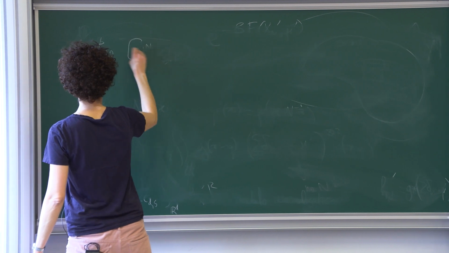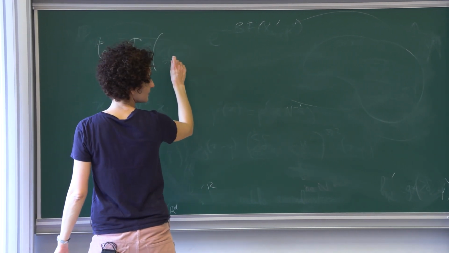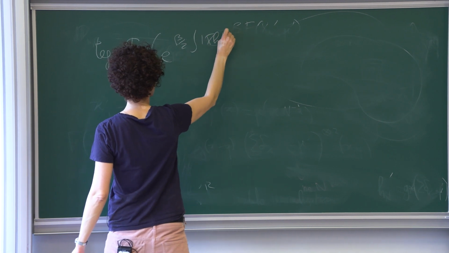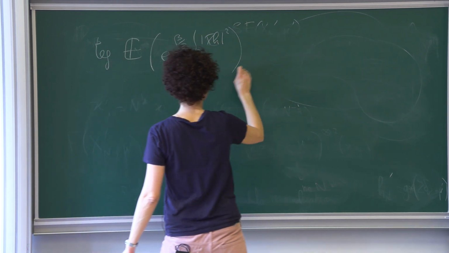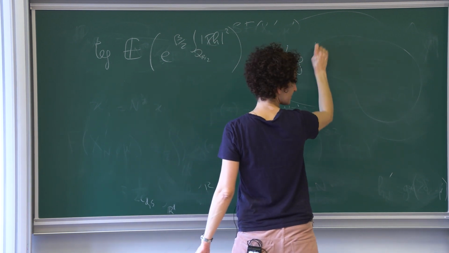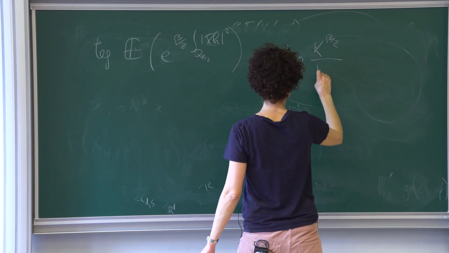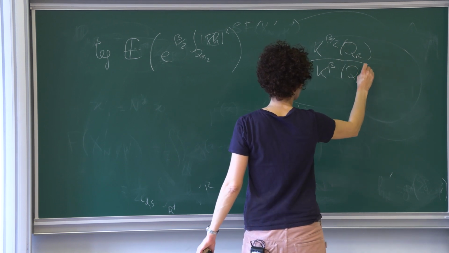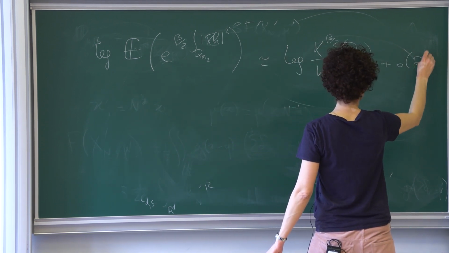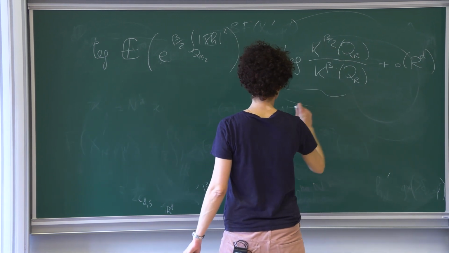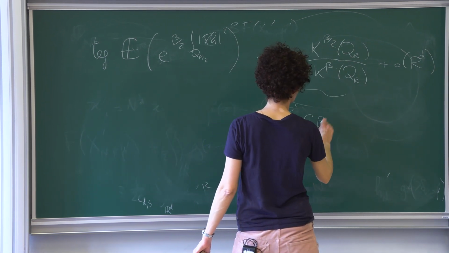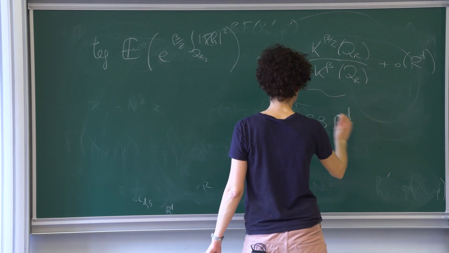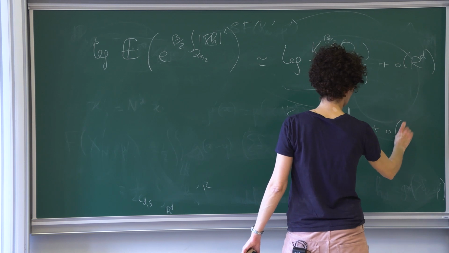The log of the expectation of this is going to be like log k beta over 2, k beta of qr, plus, I told you, little o of r^d, and this I can bound by C beta r^d plus little o of r^d.